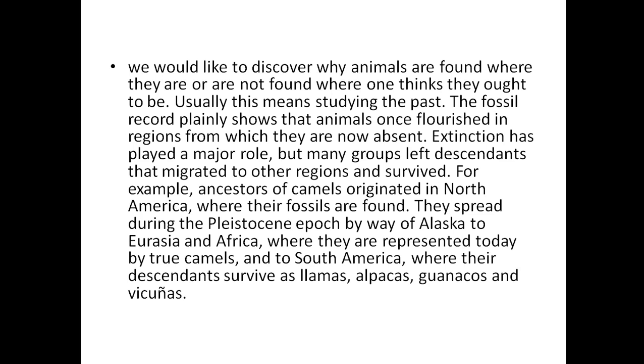Even if you go to South America, true camels may not be there, but their cousins, I can say that. Closely related animals like llamas, alpacas, vicunas, they are all found in South America.